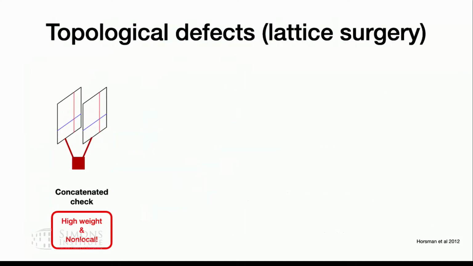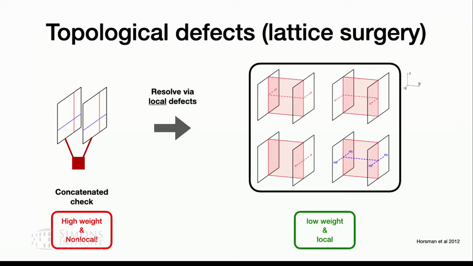So the basic idea that we started with was that we should fix this by using lattice surgery. Lattice surgery is a name for a bag of techniques that use the fact that you can infer these high weight products of pairs of logicals through a bunch of local checks, to turn high weight concatenated checks into local checks.